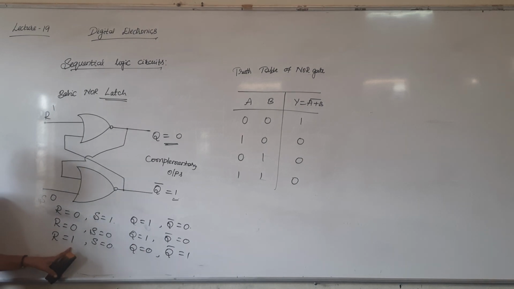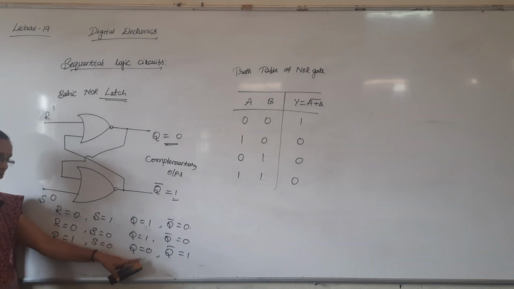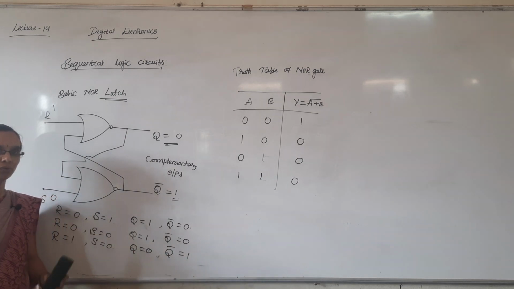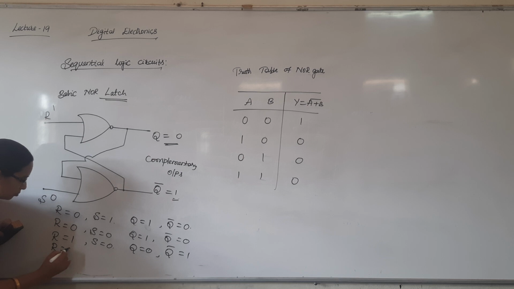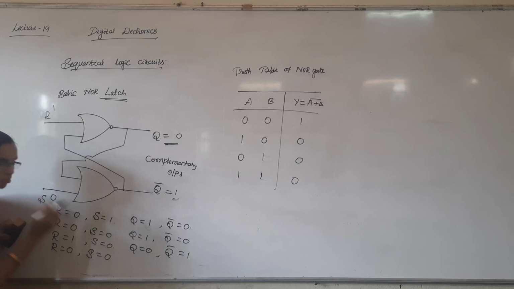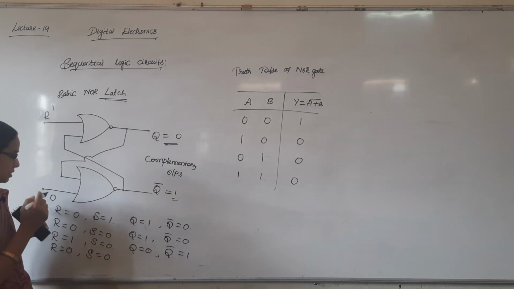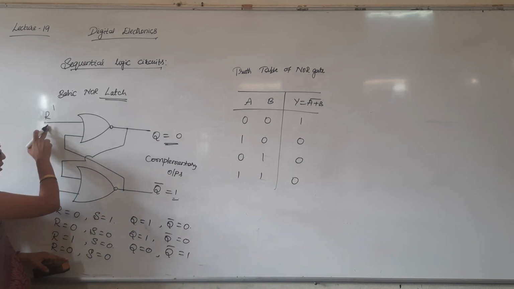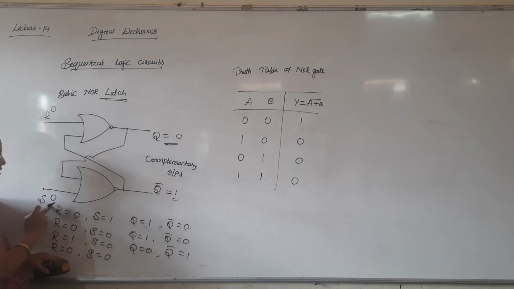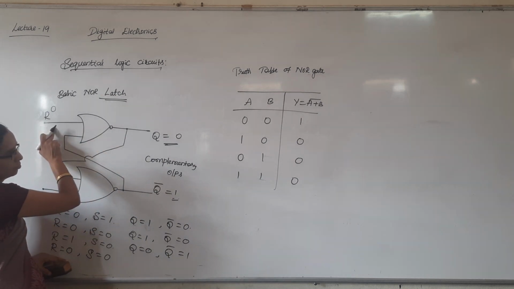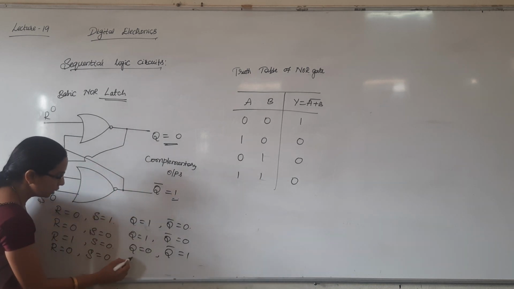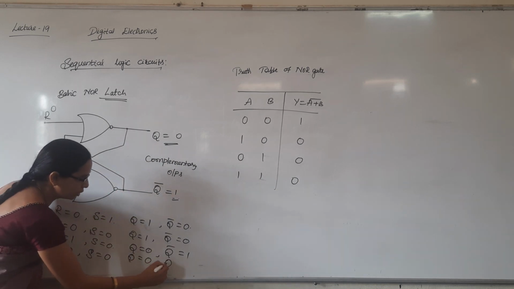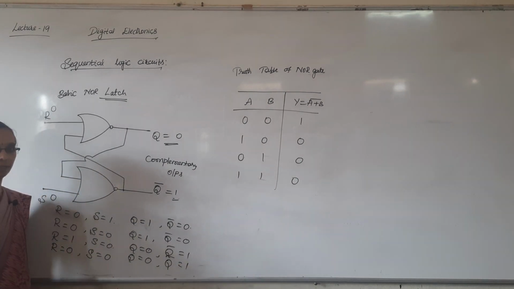When R is equal to 1 and S is equal to 0, Q is equal to 0 and Q bar is equal to 1. Again I will make R equal to 0 and S also 0. What happens? R became 0 and S was 0 itself. So 0 and 1 gives 0, and 0 and 0 gives 1. So Q remained at 0 and Q bar remained at 1 only.